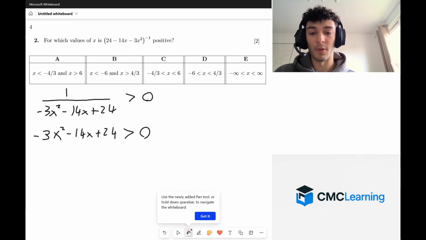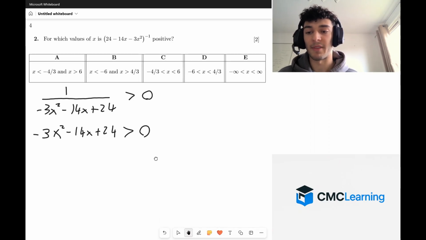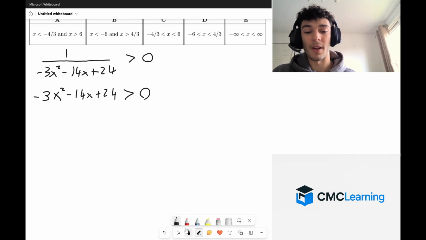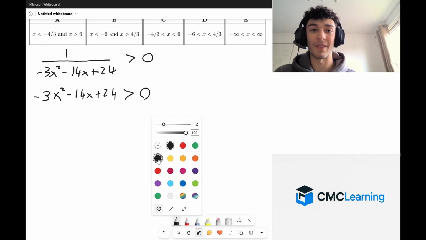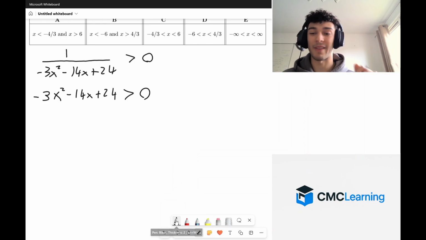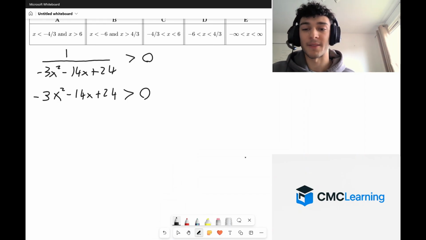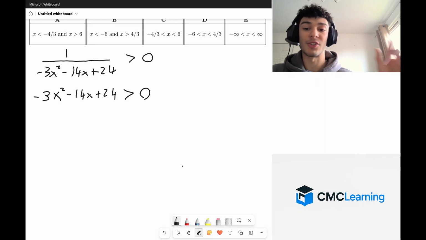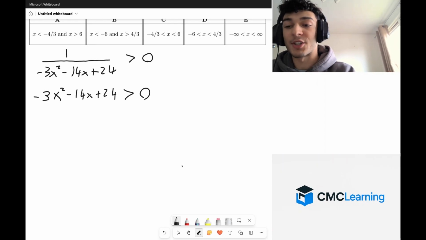Now there are a few simplifying steps that we should take. This is quite a nasty polynomial, especially given that this question is 2 marks. We don't really want to be faffing around with prefactors and whatnot. So what we should do here is take out a factor of minus 3 from each of these terms. And we'll see how this changes our answer.